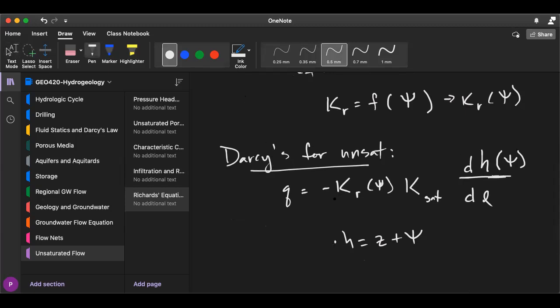So the psi is playing a role in two parts of this equation now: in the relative hydraulic conductivity, as well as in the head.